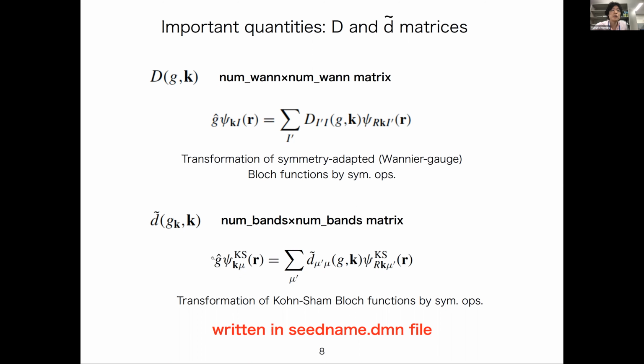If we operate this G matrix, then the Kohn-Sham wave functions are transformed in this way. This D tilde is calculated numerically by applying the symmetry operation to the obtained Kohn-Sham wave functions. Then these D tilde and D matrices are written in a new input file called the DMM file.